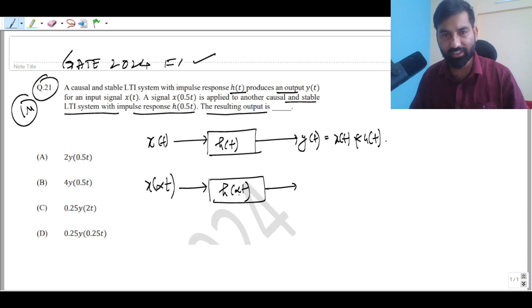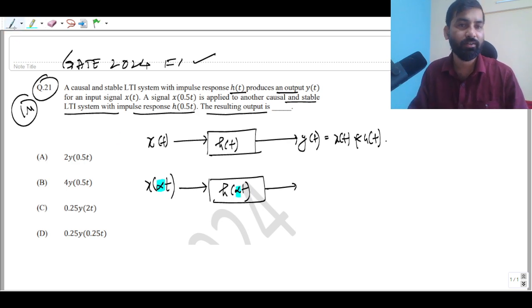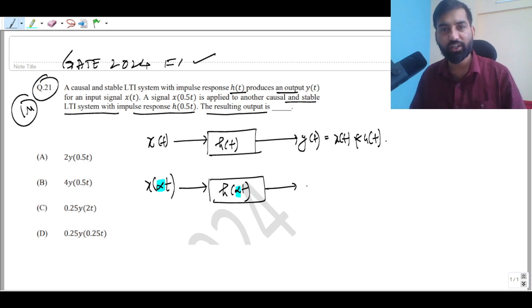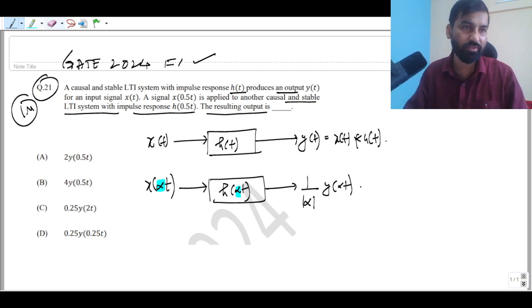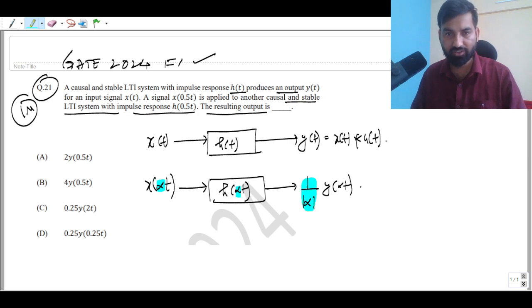So this is scaled by alpha, this is scaled by alpha, and your output is going to get scaled by 1 by mod alpha and y of alpha t. This is the one extra factor that you have to include in the output.